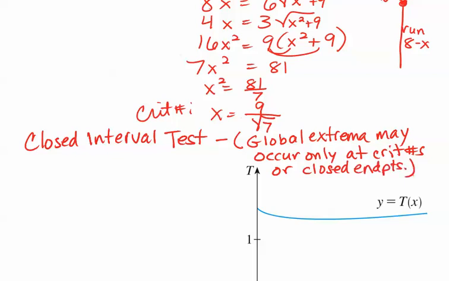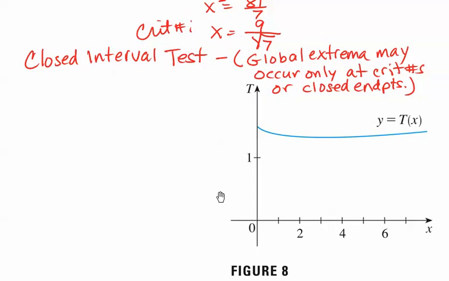And we had already figured out that we have closed endpoints here of 0. That's if he rode straight across the river and then ran the entire 8 kilometers running. So then our x value is 0. In this case, he rode directly across the river and then he ran the 8 kilometers.